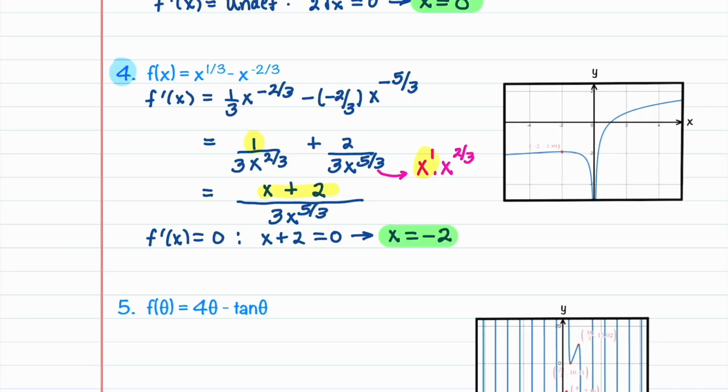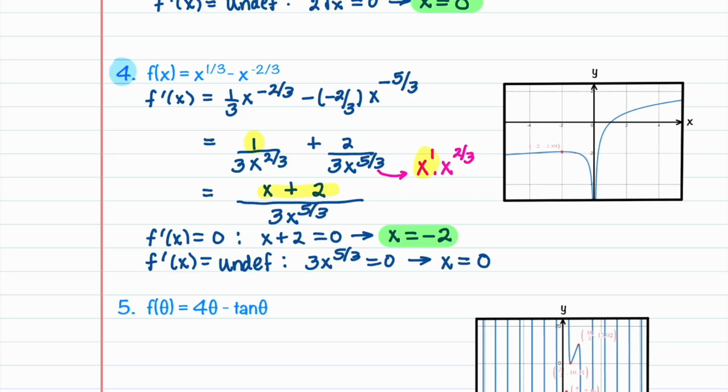Now we're going to see where our derivative, f prime of x, is undefined. That is going to happen where our denominator is equal to 0. So we're going to set 3x to the 5/3 equal to 0, and that gives us x is equal to 0.